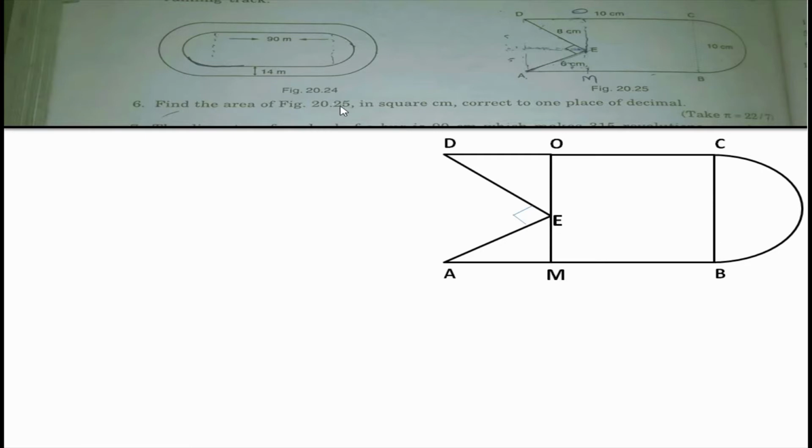The question says find the area of figure 20.25. Here you can see the figure in the book. This is the image of the question in the book, and here you will see the figure of the animation. You just need to focus on the figure for now. We have to find the area of this figure 20.25 in square centimeter correct to one place of decimal.